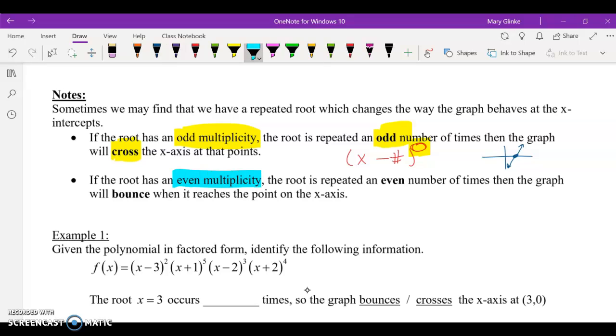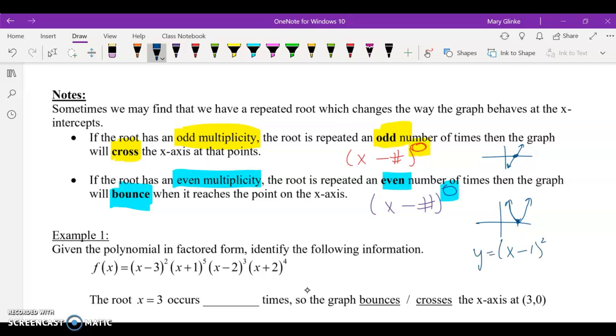Whereas if you have an even multiplicity and something occurs an even number of times, meaning this degree up here is an even number, the graph is going to bounce, as we call it, or in other words, touch but not cross. We can think of this as like x minus 1 squared. Imagine graphing that parabola. We're used to seeing the vertex at 1, 0, and it's going to open up. It's a perfect visualization of the graph bouncing, but never actually crossing.